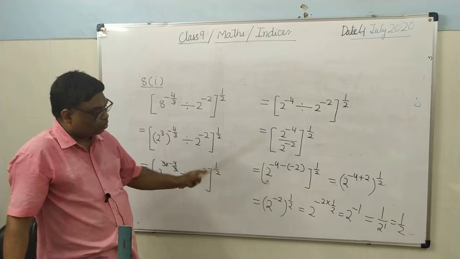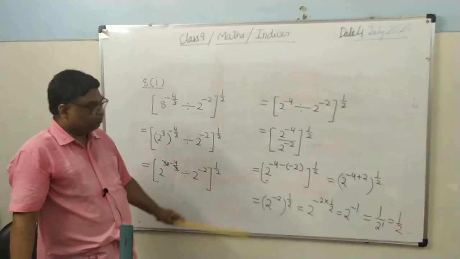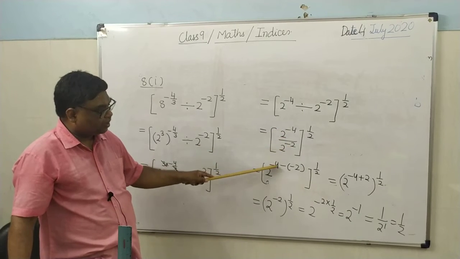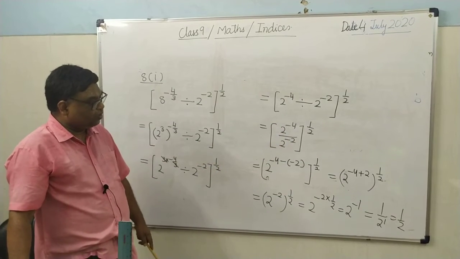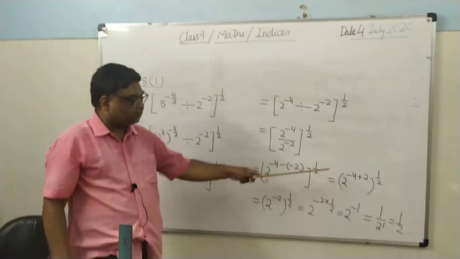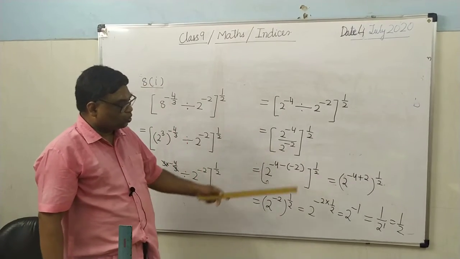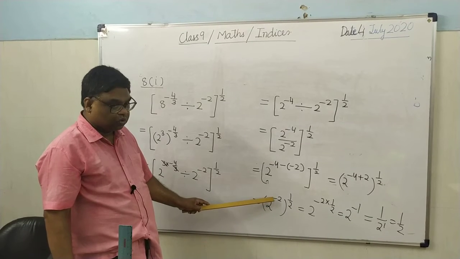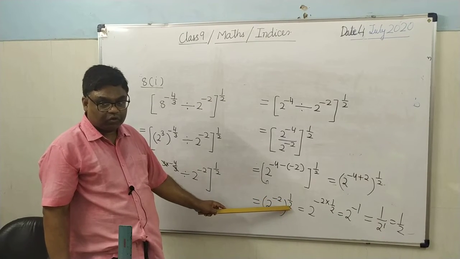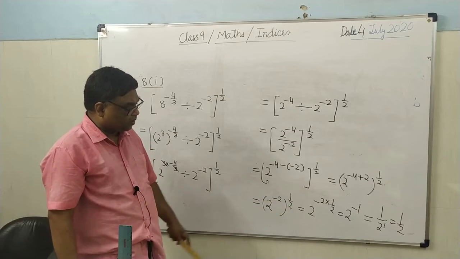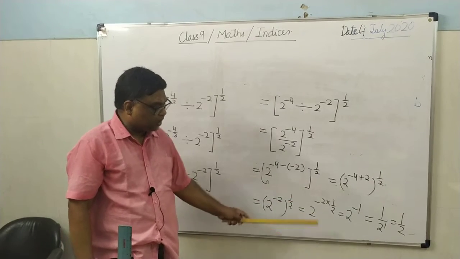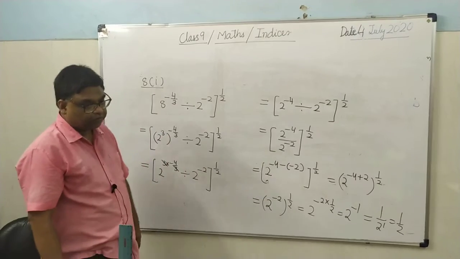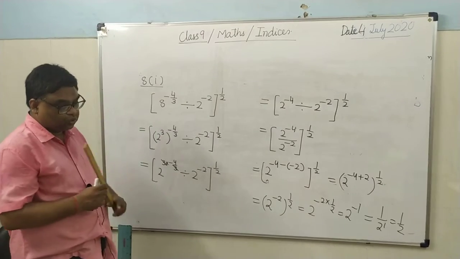You will apply the quotient rule. So by quotient rule you can subtract the denominator's power from the numerator's power. When you simplify minus minus, it will become plus. So 2 to the power minus 4 plus 2, that is 2 to the power minus 2 whole to the power 1 by 2. Now powers will multiply. When the powers multiply, it will be 2 to the power minus 1, that is 1 upon 2 to the power 1, that is 1 upon 2. It's clear?